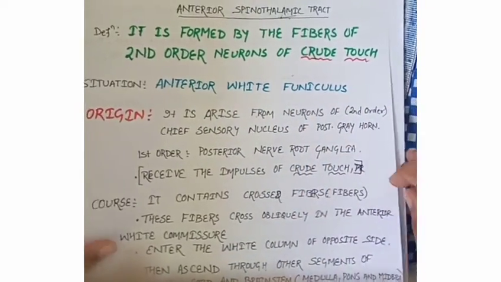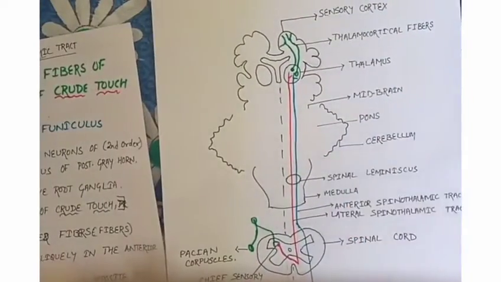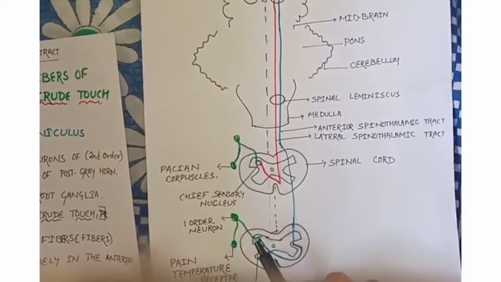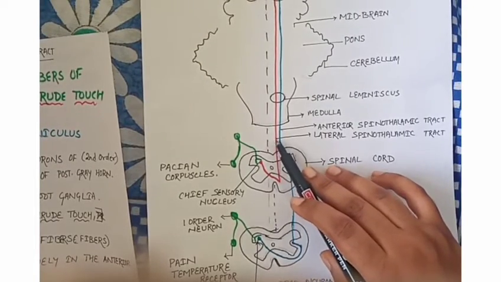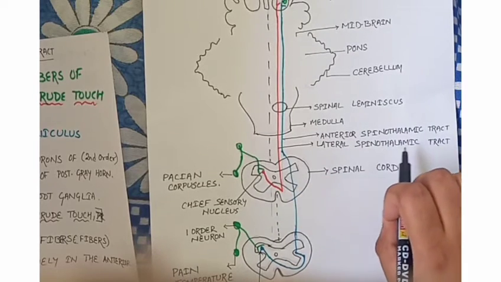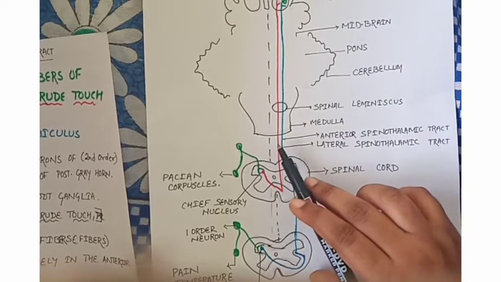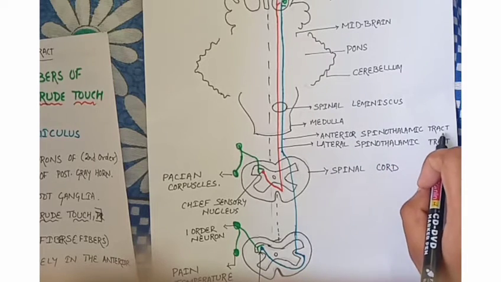So what is the anterior white funiculus? From this diagram you can easily see that the red line shows the lateral spinothalamic tract, whereas the blue line shows the anterior spinothalamic tract.